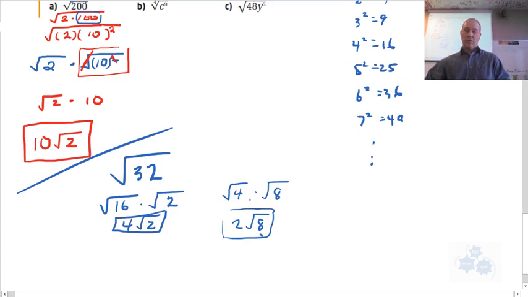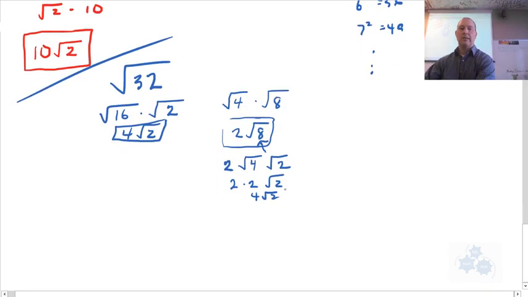So if you did this, don't worry. You just have to take a look again and say, hey, can I break that one up any further into a factor that is a perfect square? And the answer is yes. So this would be looking like this, right? Which is 2 times 2 root 2, or 4 root 2. So you get the same answer, you just might take a little longer getting there. All right. Questions about that?